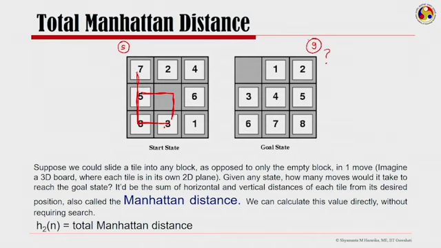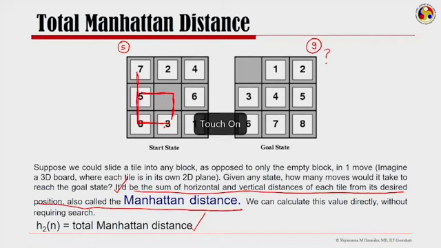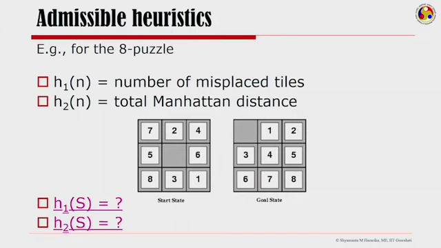This distance that I have calculated, the sum of the vertical and horizontal distance of each tile from its desired position, is also called the Manhattan distance. So the second heuristic that we have now named is the total of the Manhattan distances for each of the tiles. Let us try to understand it for the 8 puzzle problem better.